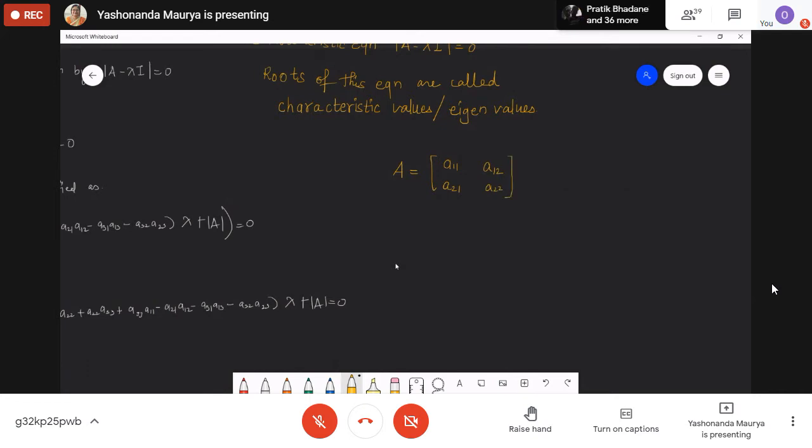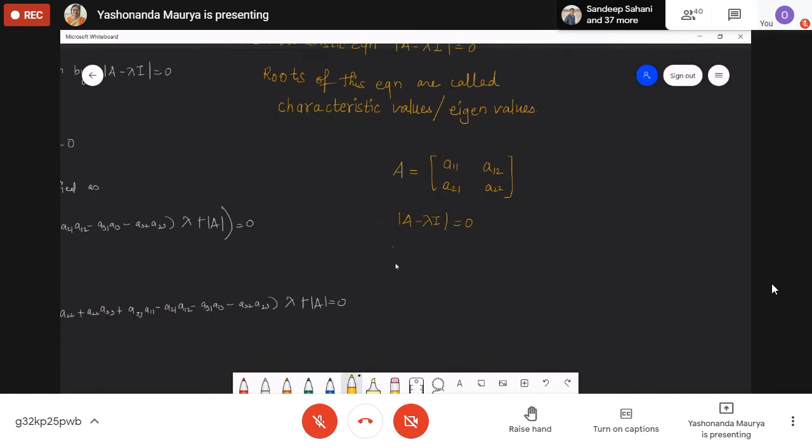Then the characteristic equation is given by determinant of A minus lambda I. Finding the determinant is pretty simple, but we also have a shortcut, so we are trying to identify what that shortcut is.